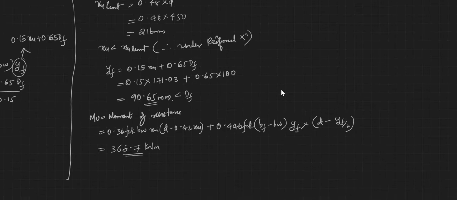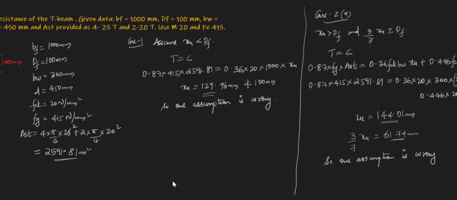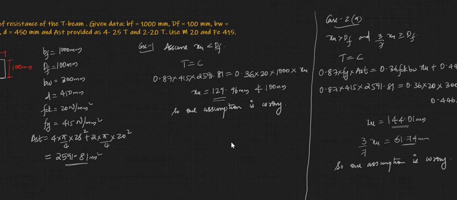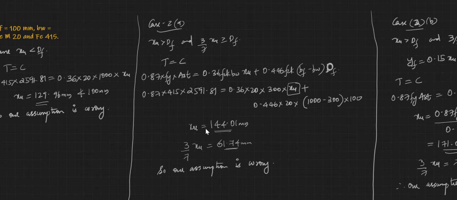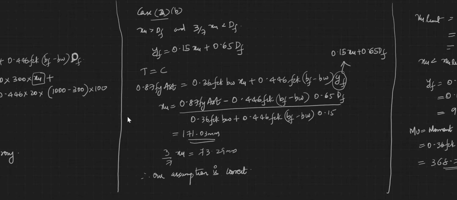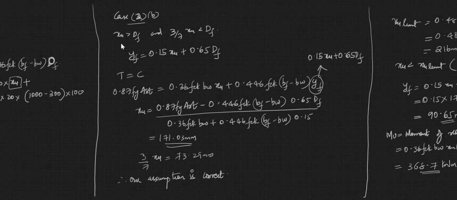So what we have done is, first we checked whether our assumption in case 1 is correct. We got XU not lying inside DF, so our assumption was wrong. Then we went to case 2A, XU greater than DF and 3 by 7 XU greater than or equal to DF, equating tension to compression. We got our assumption as wrong, so we went to case 2B, where XU is greater than DF and 3 by 7 XU less than DF.